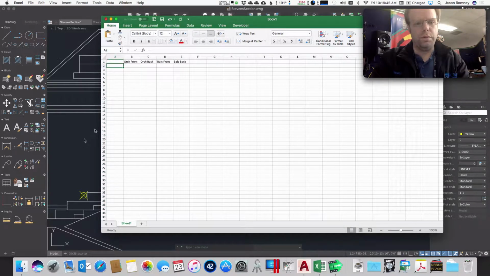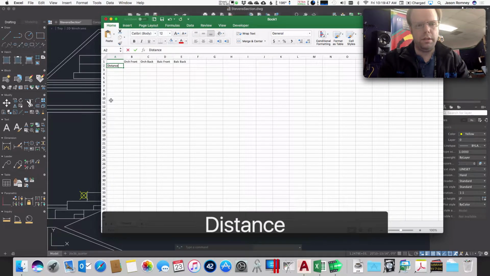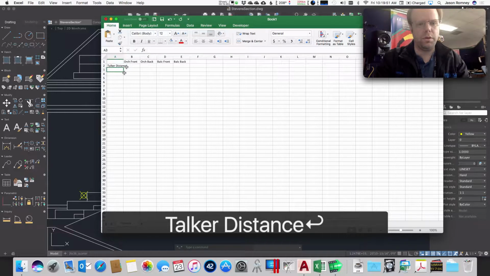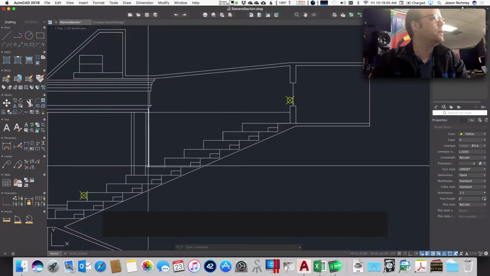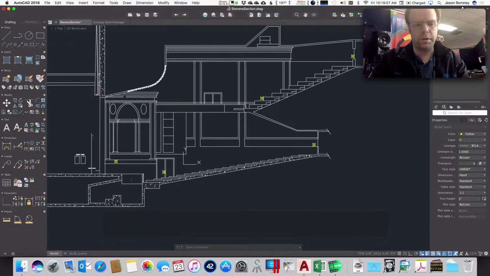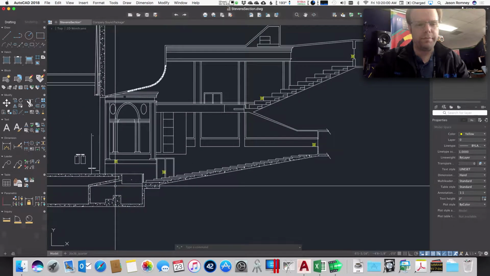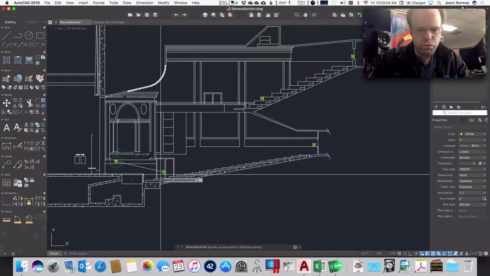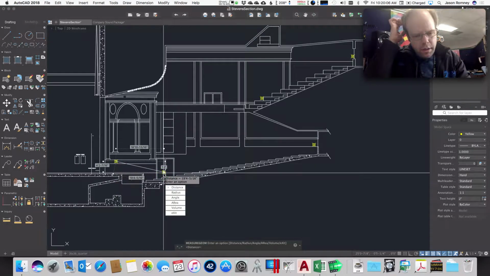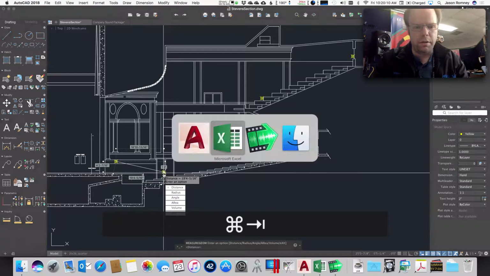Okay, so the first thing I want to know is the talker distance. In other words, how far away is the talker from each of those places? It's the first thing I want to know. Let's see if we can figure that out. So the talker is 19.3 feet away from the front row.